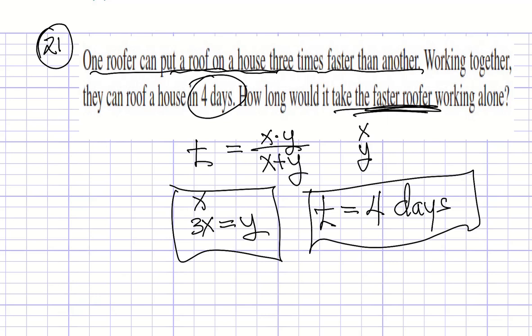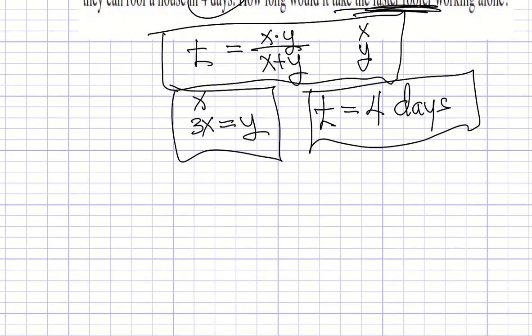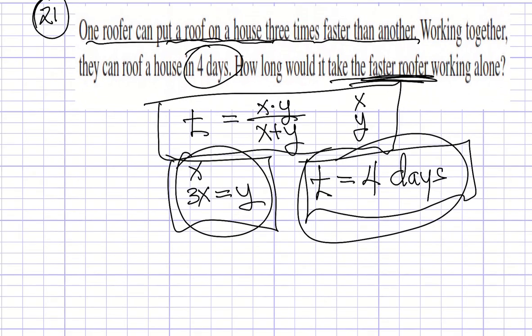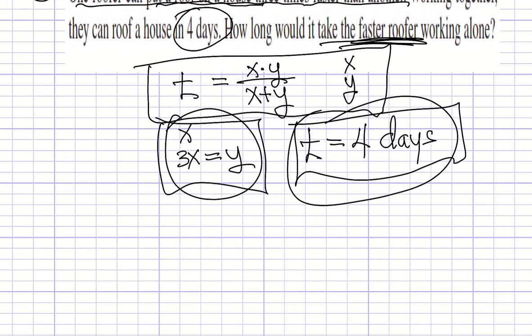He will go 3 times faster than the second roofer. Make sure you understand all these variables and what each stands for. We'll put them in. We're working in days, not in hours. Let's put that in. What do we get?